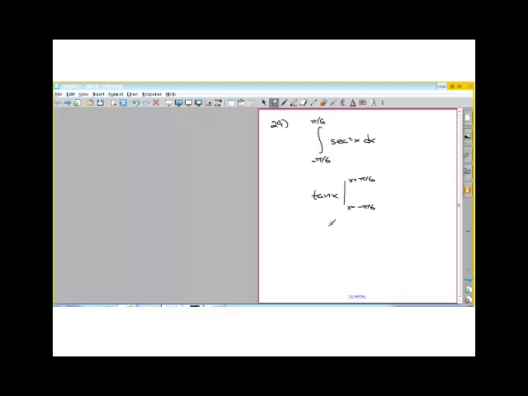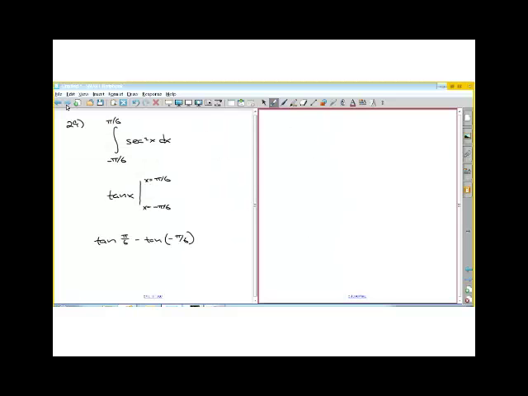So when we now plug the numbers in, you get the tangent of pi over 6 minus the tangent of negative pi over 6. So what is the tangent of pi over 6? Besides plugging in your calculator, well, it's the sine of pi over 6 divided by the cosine of pi over 6.